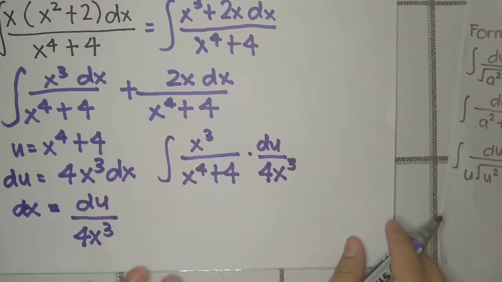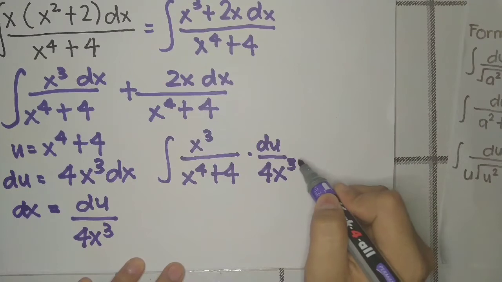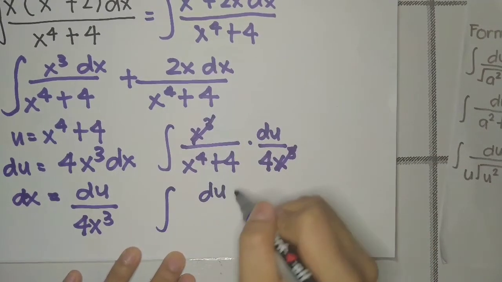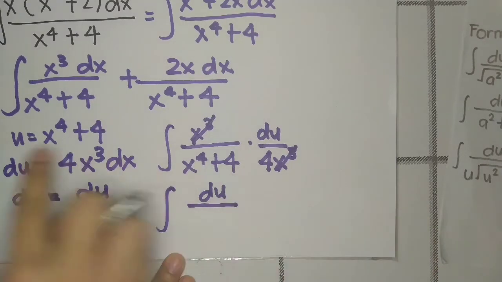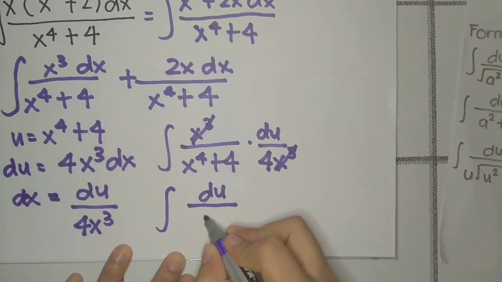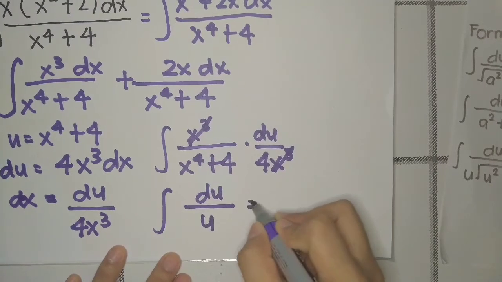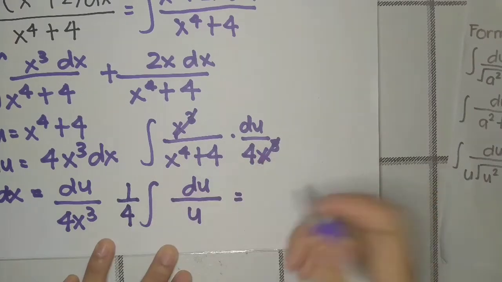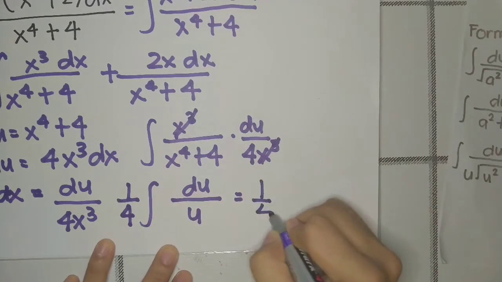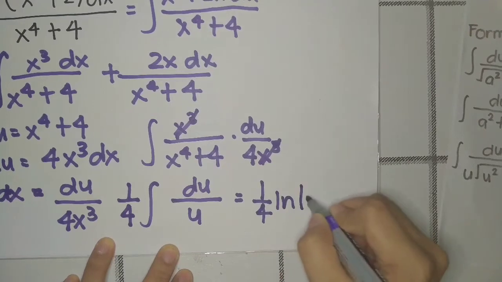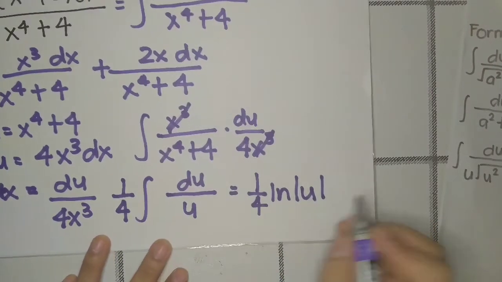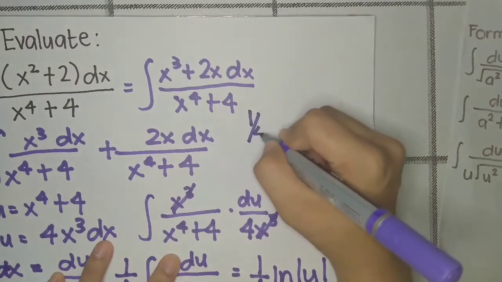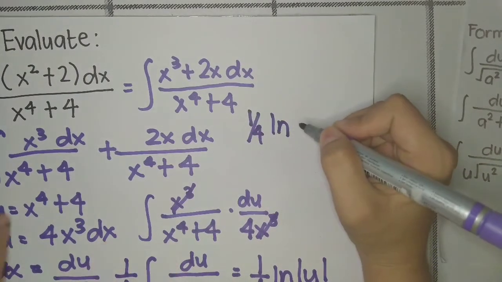So we can cancel the x³, and we have 1/4 outside as our coefficient, and du all over x⁴ plus 4, which is the same as u. The 1/4 goes outside the integration sign, and the integral of du over u is equal to ln u plus c.